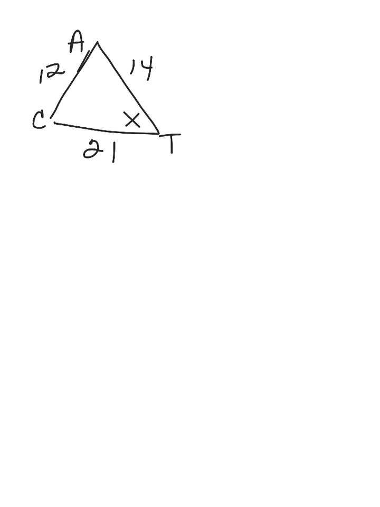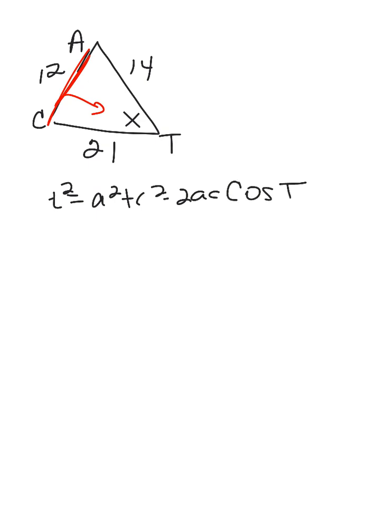So law of cosines is a squared. In this case, it would be t squared because I have this side and the angle opposite. So it's t squared equals a squared plus c squared minus 2ac cosine of angle t.